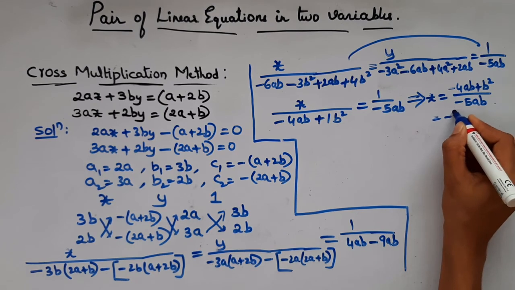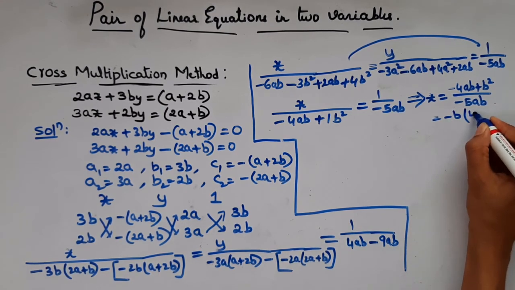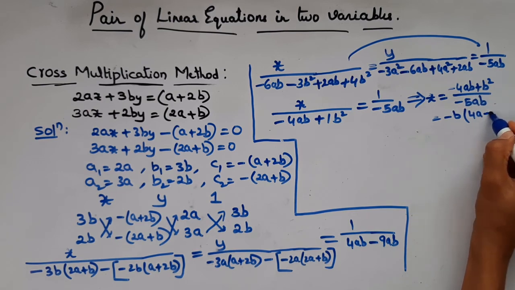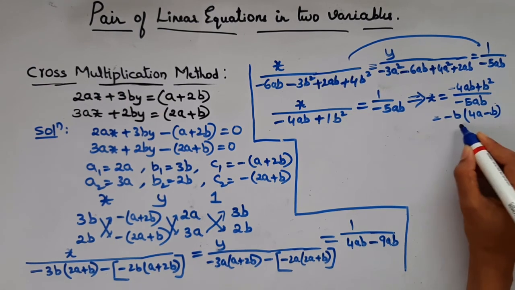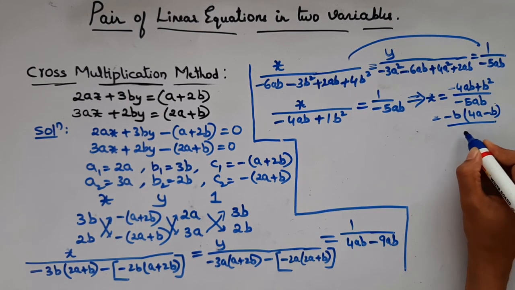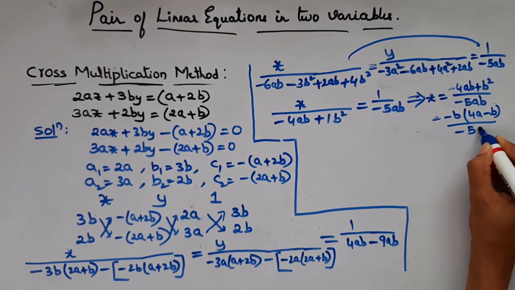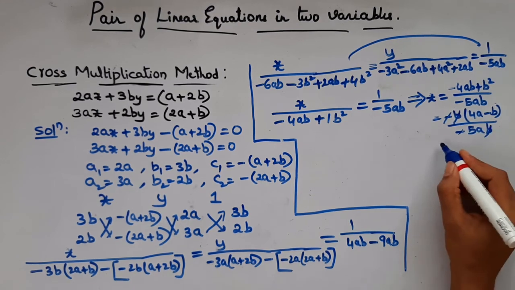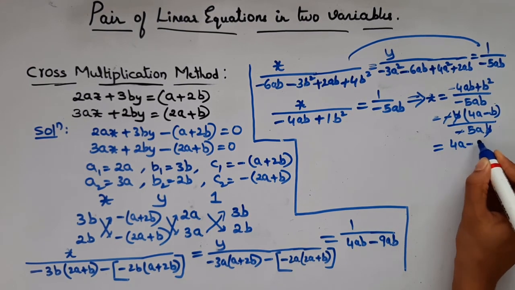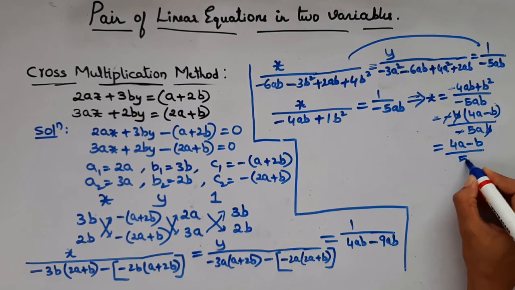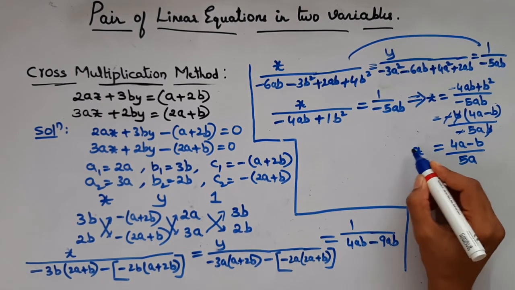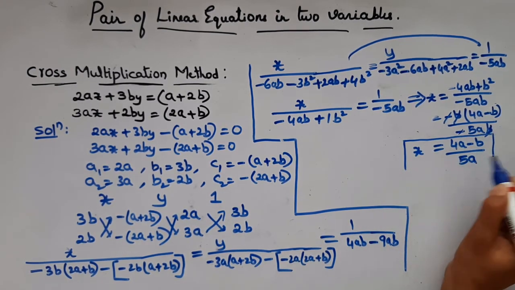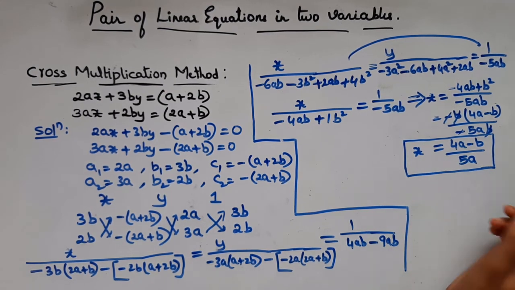So when you keep minus b outside, you are left with 4a, here minus is outside, so here it's minus, so minus of minus is plus, right. So 1b is outside, so left with b by minus 5ab, so your minus will be gone, b is also gone, so we are left with 4a minus b by 5a. So your x is 4a minus b by 5a.